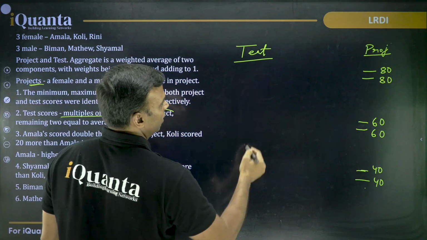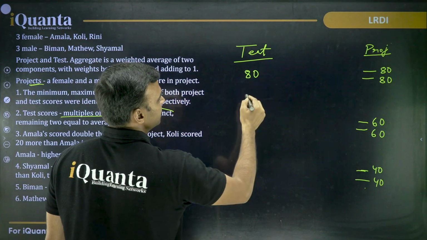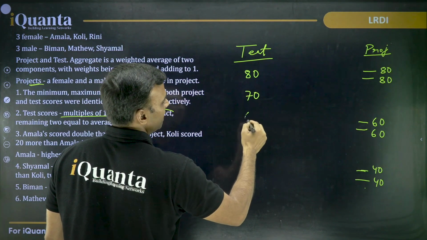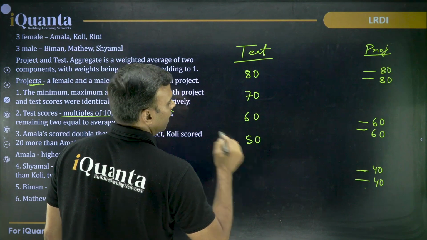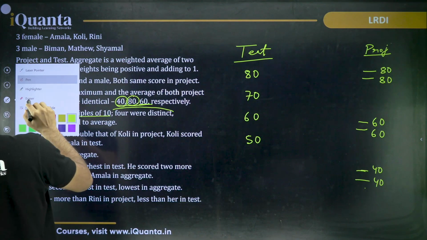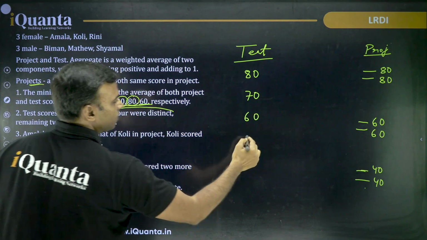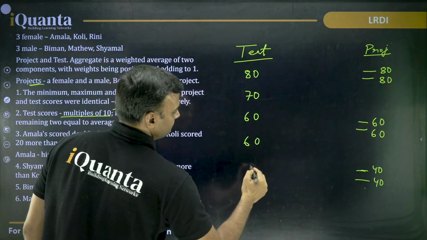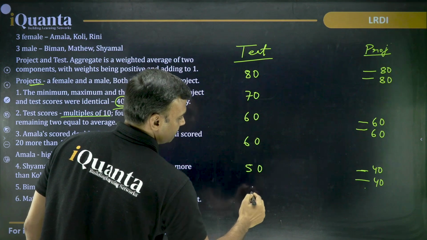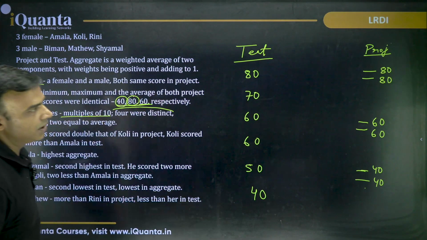So I'll write that in the order. 80, 70, 60, 50, 40. 60 has to come twice, right? And then 50 and then 40, right? So till now it is absolutely clear.